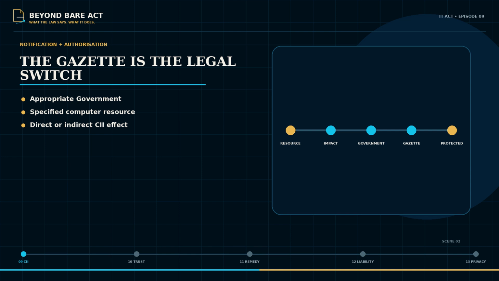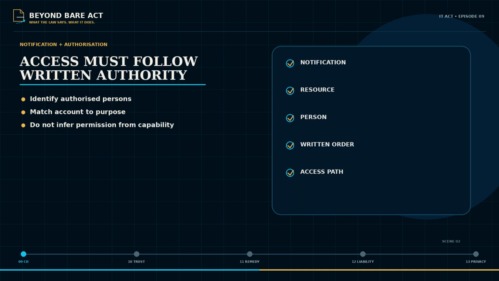Section 70 also allows the appropriate government, by written order, to authorise the persons who may access the notified protected system. This is why an administrator account is not the same thing as legal authority. Technical capability, an old password, a vendor contract, and a written access authorization answer different questions.